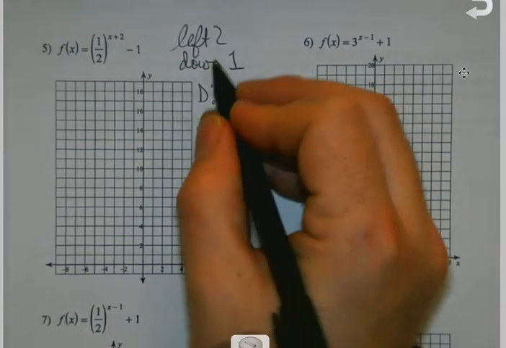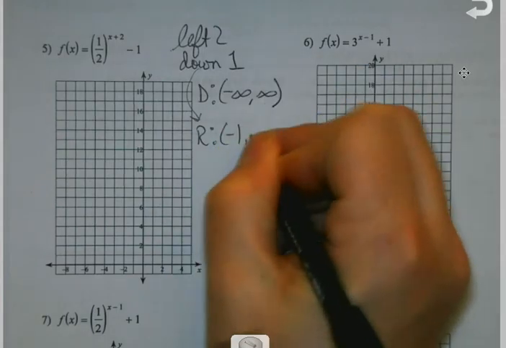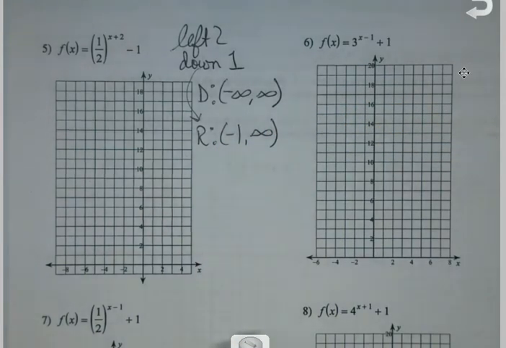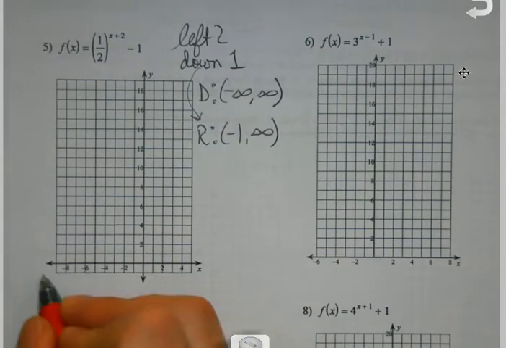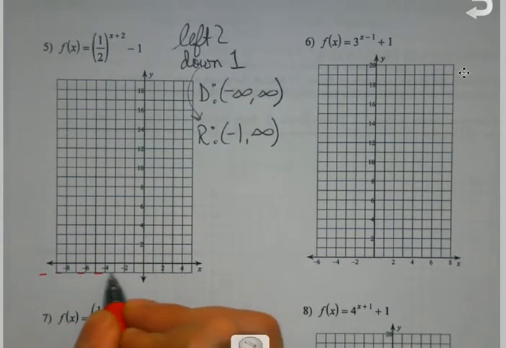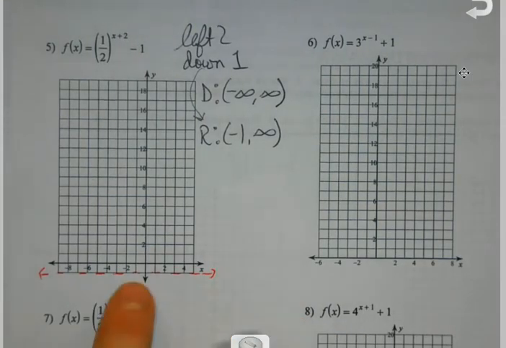Yeah, since I moved down 1, that directly affects this. So negative 1 to infinity. And maybe, just maybe, I decide, you know what? I'm even going to put that little dotted line in here just to remind me, okay, when I graph this, it ain't going below there. Not that it really could because my graph goes all the way down to that point.